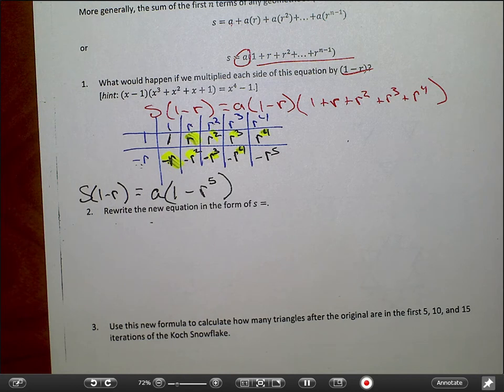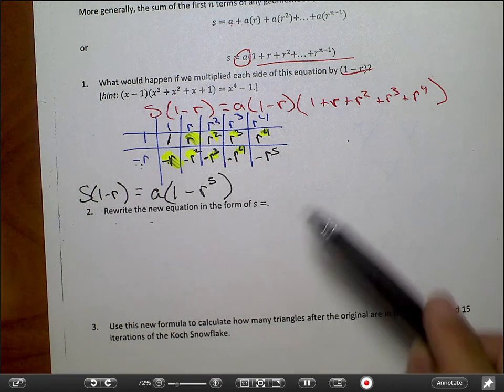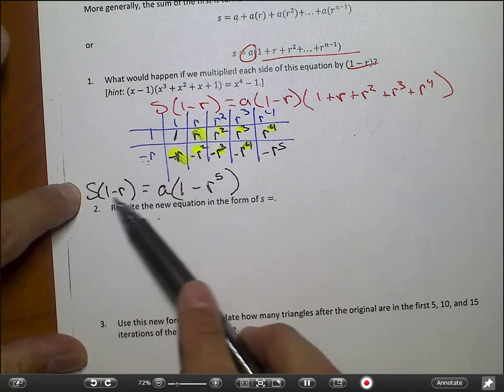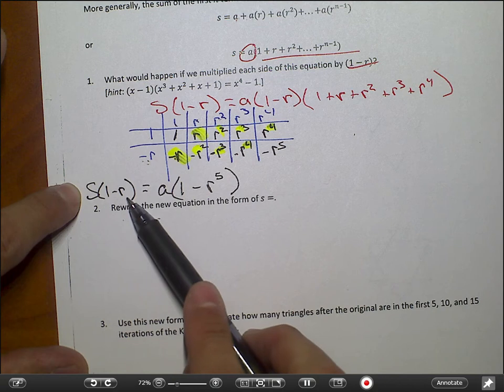Now the next part is the piece where everything applies. All the math and everything actually goes along with this next part. So if you're still having trouble with all this, this is where we get all this information from. If I wanted to get S by itself, what would I do to the 1 minus r? Not add, this is a multiplication, isn't it?